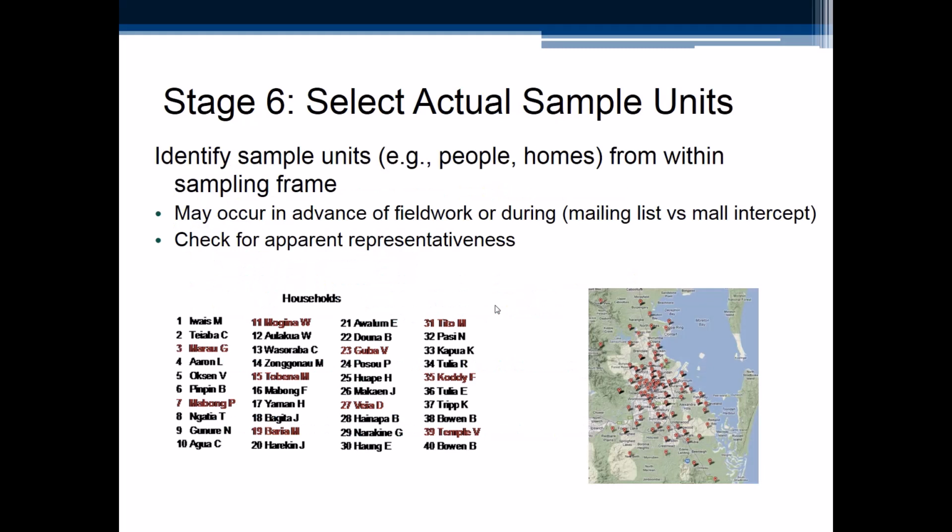You need to go out and actually decide who's going to be in your sample. Often if you're using a very staged approach, so you're selecting homes across the state and then people within those homes, you can come back and do a little bit of analysis to make sure you're still going to get a representative sample.